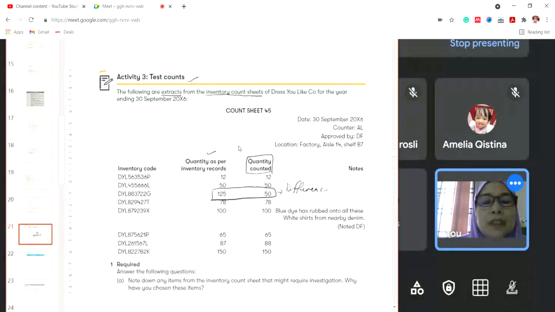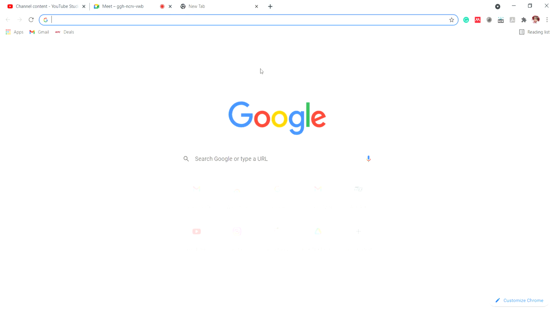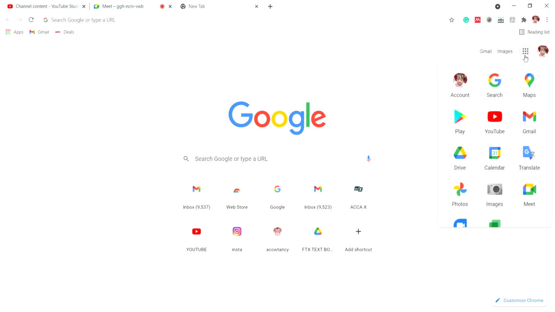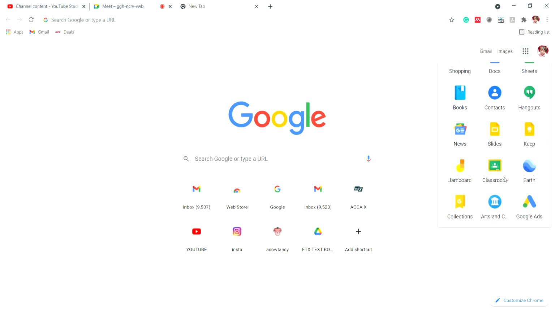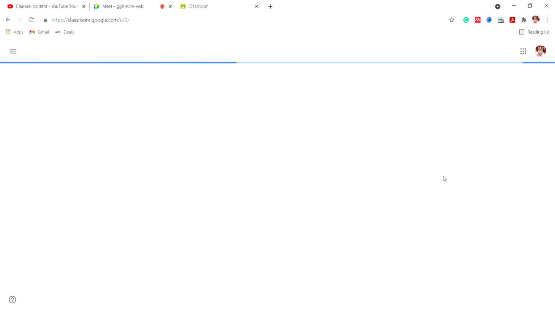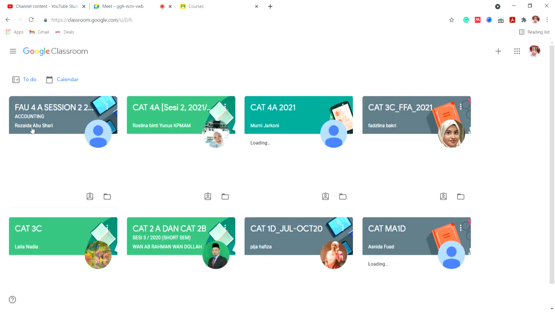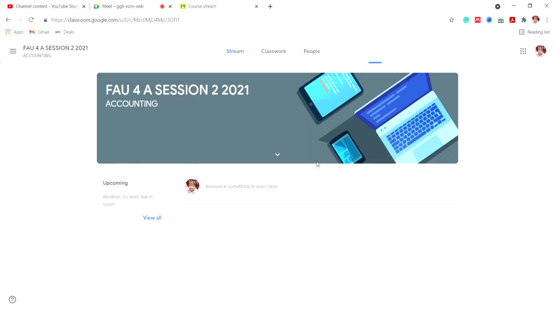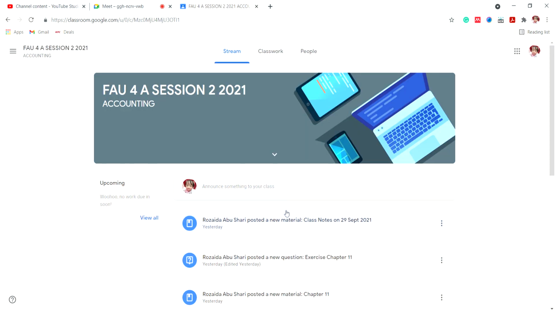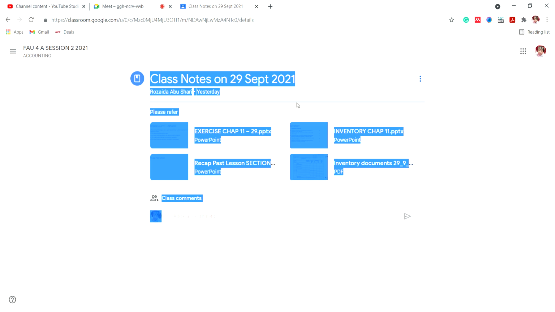These differences need to be investigated. Why is there a difference between the quantity per inventory sheet and the quantity counted during your observation, during the test count?